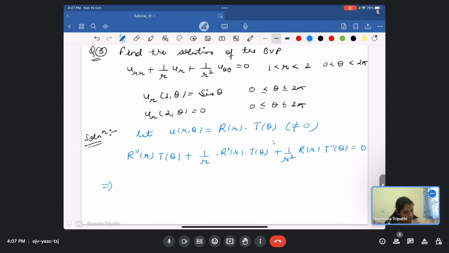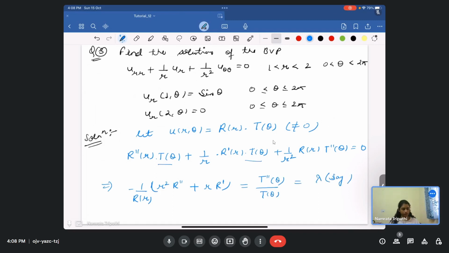You can take T of theta outside, and after rearranging, I'm writing, this will equal to lambda.